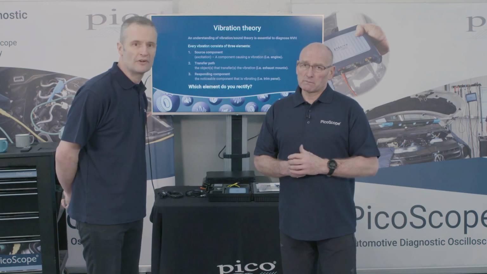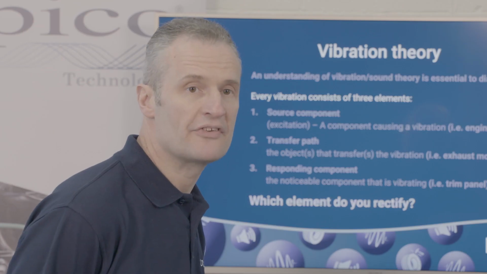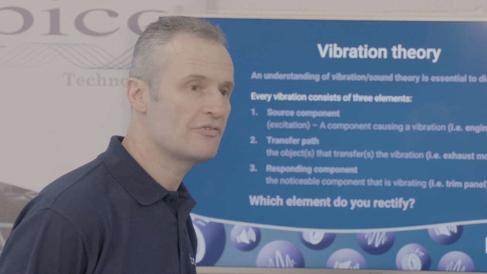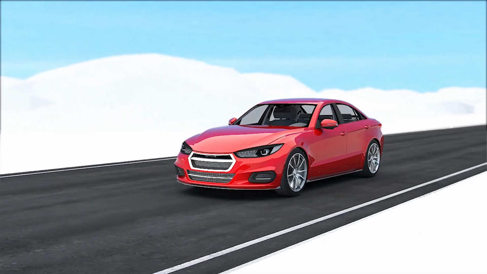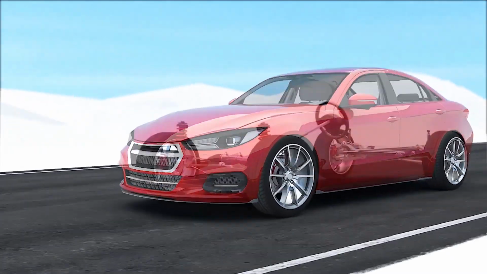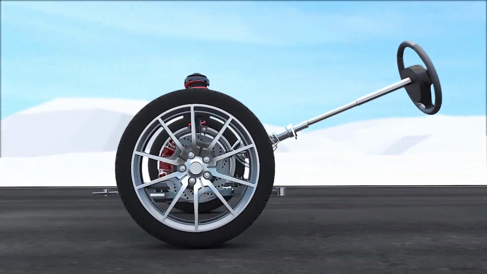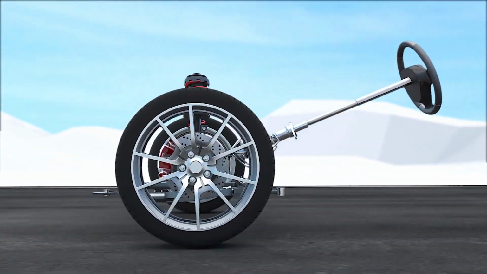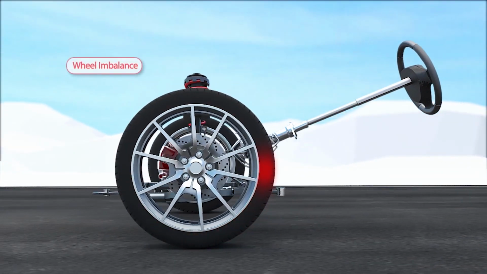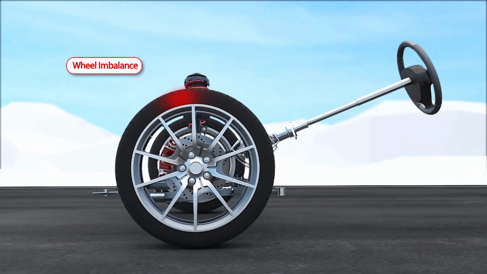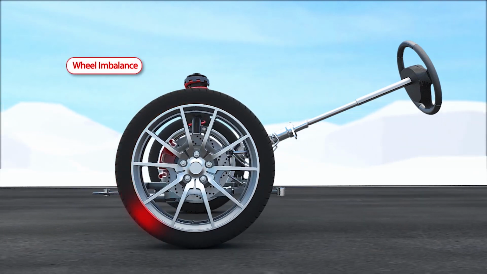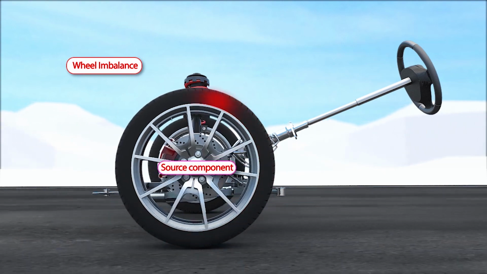But that's a typical example. And coming up now, we've got an example of wheel imbalance: source, transfer, responder. Let's run the animation. Okay, so here we have an imbalanced wheel. Notice how the wheel is almost thrown off its centre line as the imbalance reaches the peak. So there is our source.